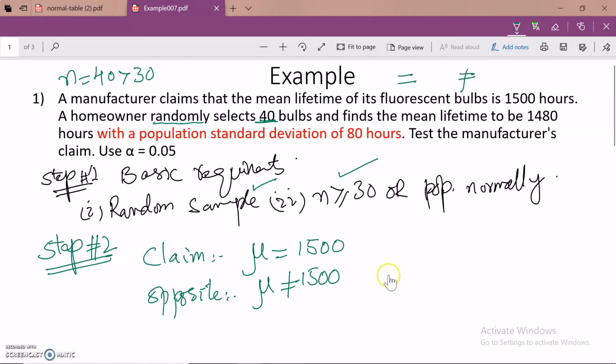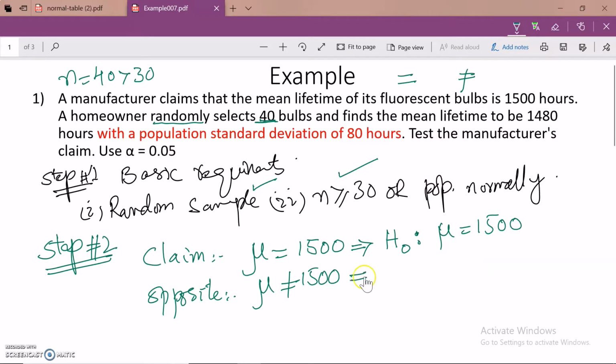Now recall that a null hypothesis is always a statement of equality, and a null hypothesis never contains a not equal symbol, never. So this first statement is our null hypothesis: mu is equal to 1500.